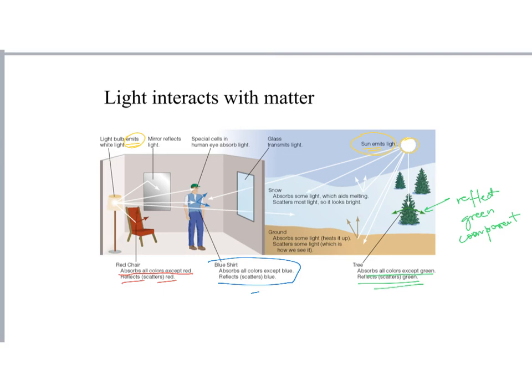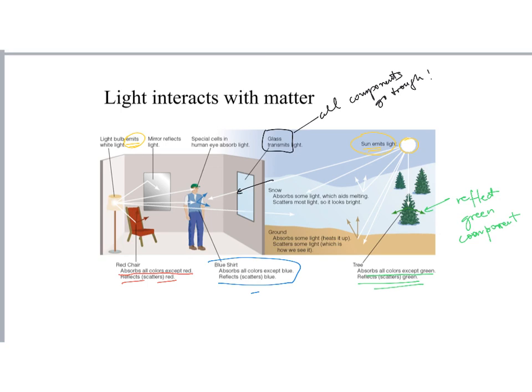Okay. Here's another thing that can happen with the light. The light gets to be transmitted. That usually happens with glass, right? All of the components actually go through. So all components go through.